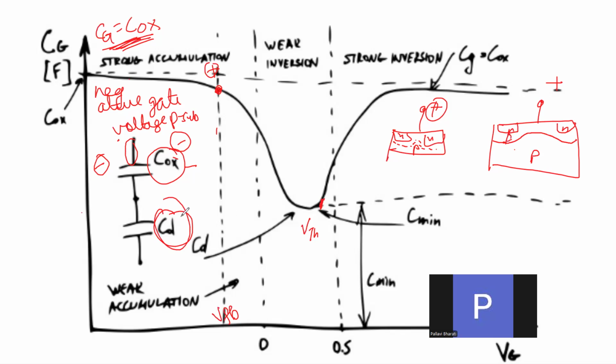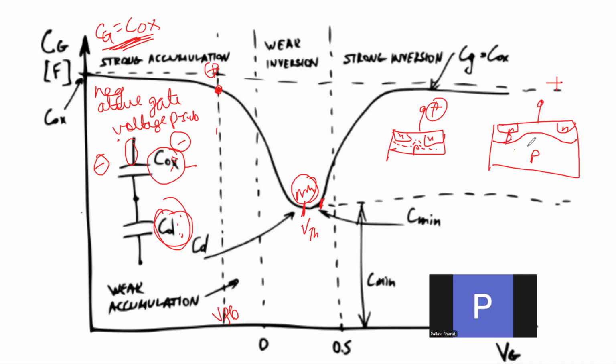This depletion layer capacitance is in series with the oxide capacitance, and when two capacitances are in series, the resultant capacitance decreases. So the capacitance goes on decreasing, and at this point it reaches the minimum capacitance.